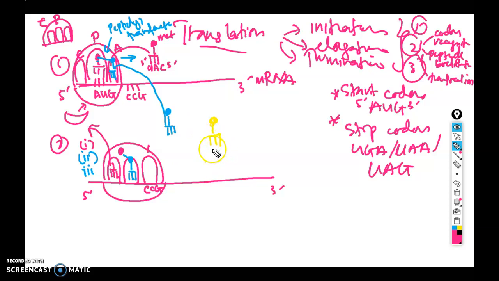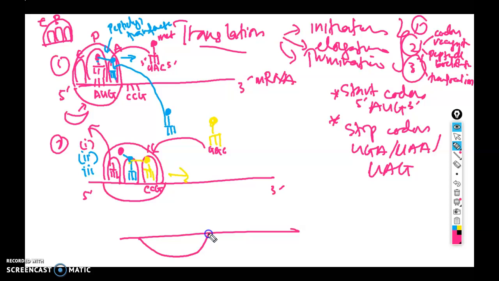Okay, they will undergo codon recognition, so the one with GGC will enter the A site, and then a peptide bond will form. Then this will detach. And then translocate, it will form like this.